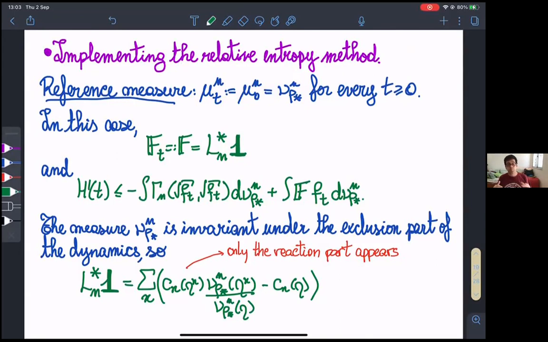In dimension 1, we can prove that this H of t converges to a number, so it's bounded uniformly in t and n. It means at the end of the day that if you look at the CLT, the limiting law of the fluctuations of the empirical measure is absolutely continuous with respect to white noise.